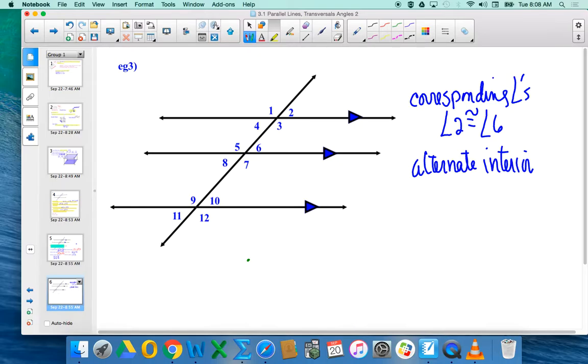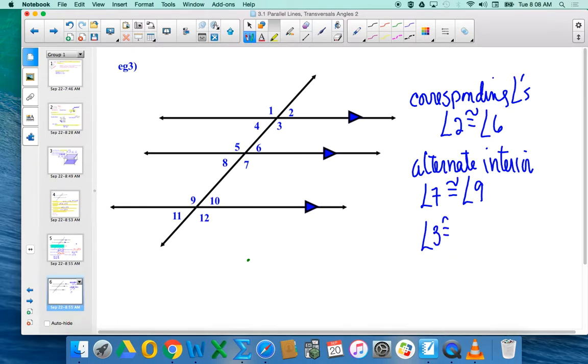7 and 10, are they on opposite sides of the transversal? So, Noah, let's go back. 7 and what? 8. On opposite sides of the transversal, 7 and 9. 3 and 5.